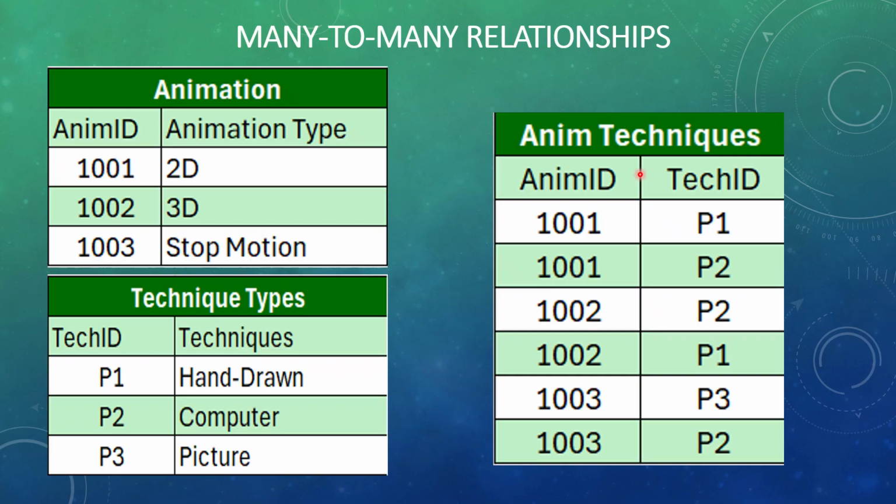If we take a look at how the arrangement works with our data, you can follow the threads from the animation table to the linking table to the techniques types.